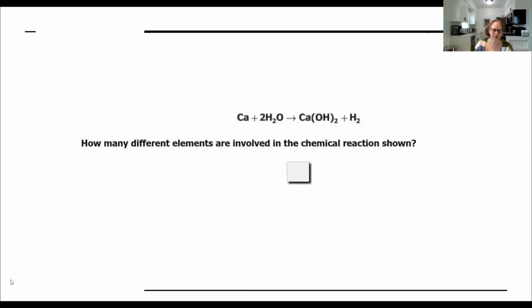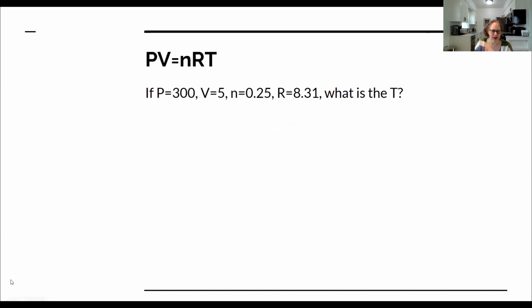Right, if P is 300, V equals 5, N is 0.25, R is 8.31, what is T? And they give us this equation. Even if they don't show it, when you see variables right next to each other, they're multiplied. So instead of saying P, I'm going to write 300. Instead of V, I'm going to write 5.